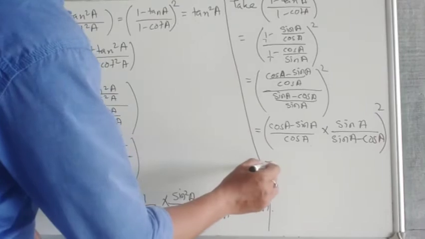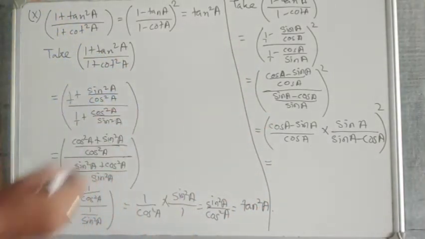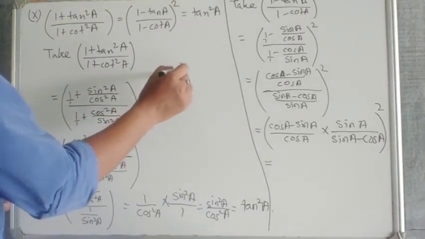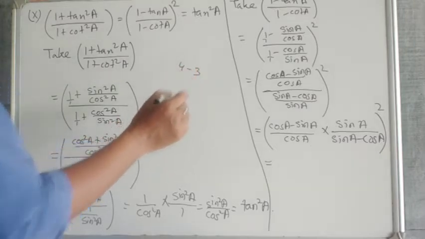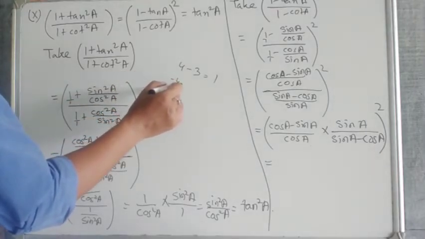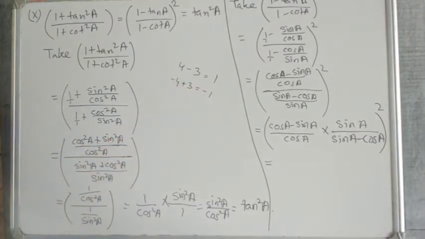After this, what will happen? See, this is one thing we will do from here. Suppose I say 4 minus 3 is there. So 4 minus 3 is your 1. Now if I say minus 4 plus 3, which will give me minus 1.